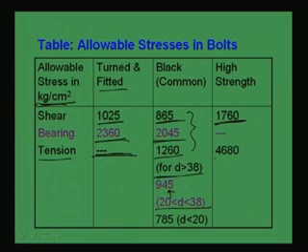Stress means the tensile stress, and if diameter is less than 20 mm, then the tensile stress in the black common type bolt will be 785 kg per centimeter square. So these are given in the code, and while designing we have to use this data for finding out the strength of a bolt. Now let us discuss the design of bolted shear connection, how to find out the strength of the bolt and how to design it.